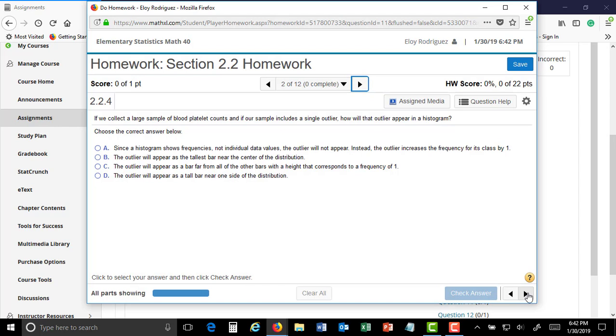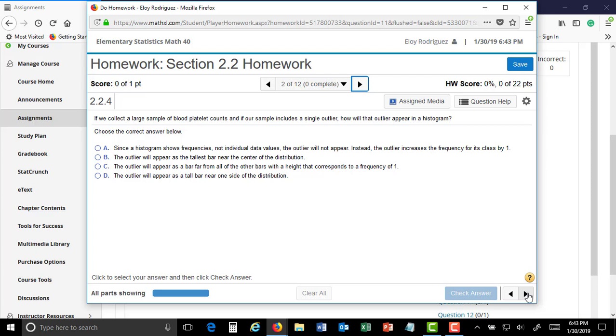Okay, if we collect blood platelet counts, and if our sample has a single outlier, that means you have an alien cell in there. How will the outlier appear in the histogram? It could really screw things up, because remember during the class size, you take the maximum minus the minimum, divided by how many cells you want.